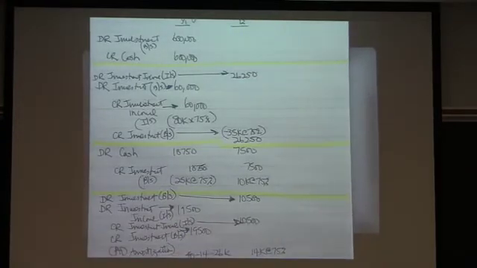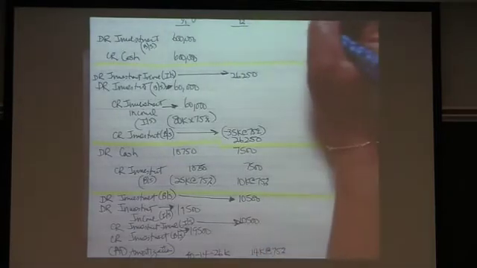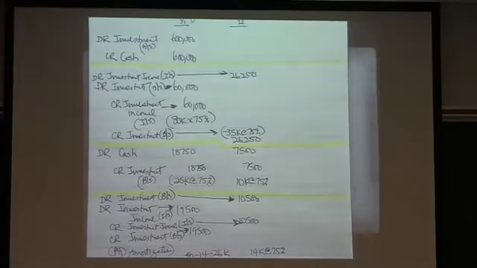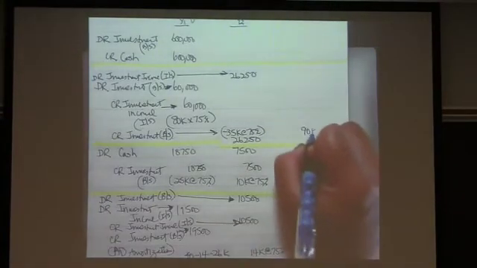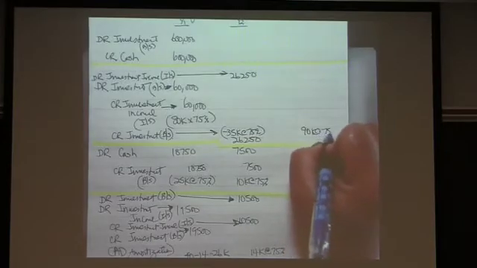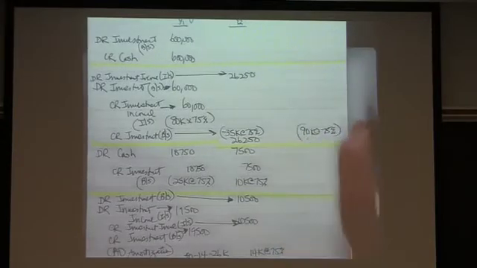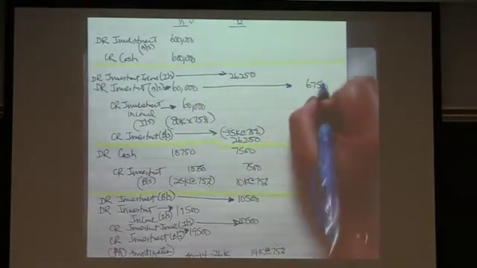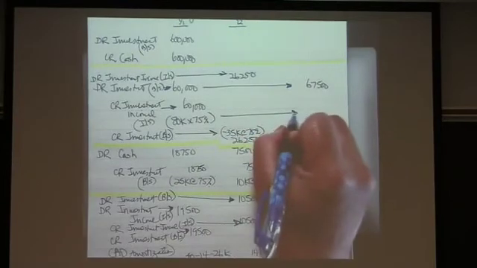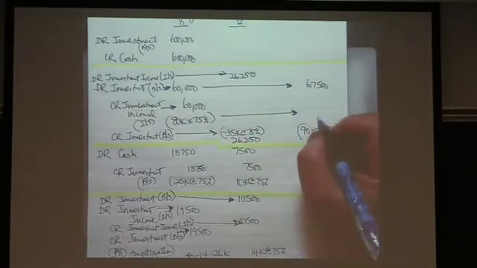Okay. Now, for year 3, we've got $90,000 of profit at 75%, so that would be a debit of 67,500, and that would be a credit to investment income of 67,500.